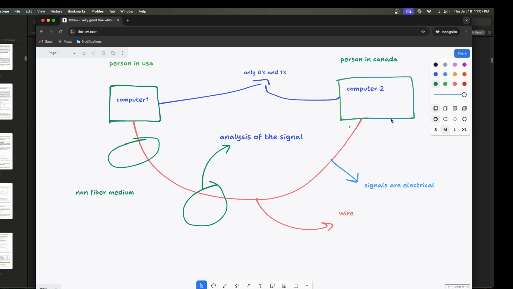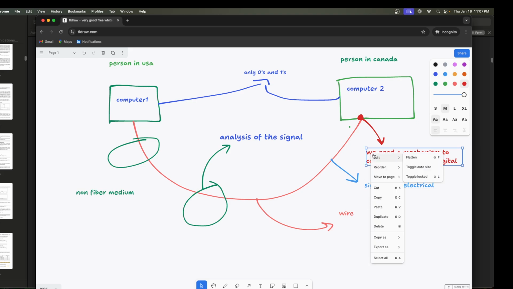So at this point there should be some conversion. We need a mechanism to convert electrical to digital.